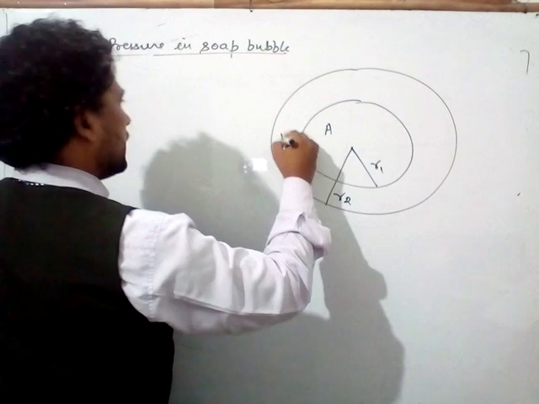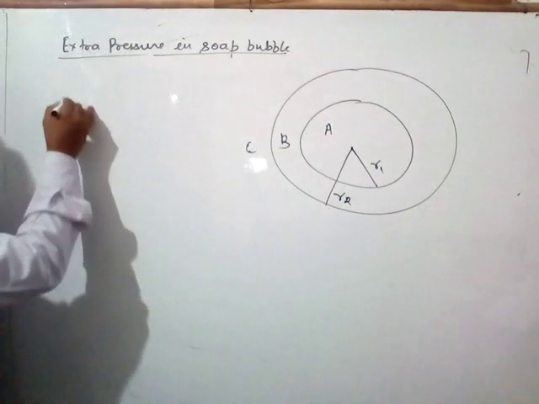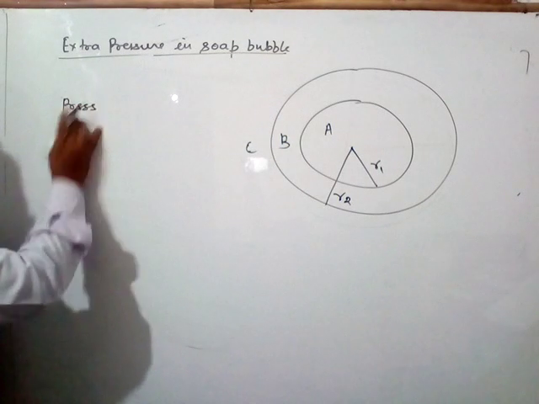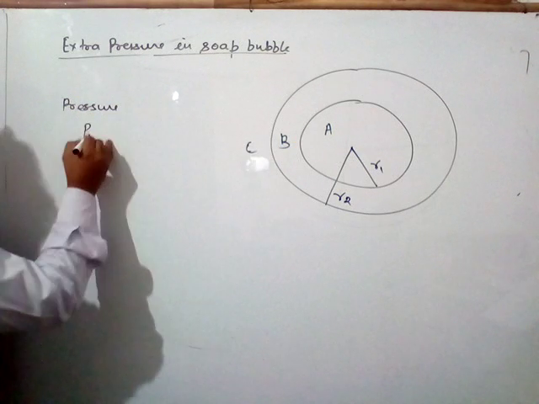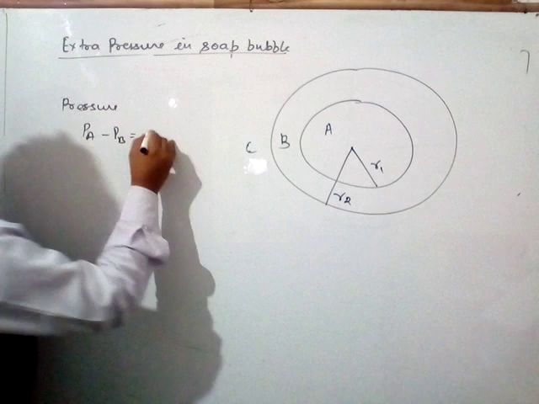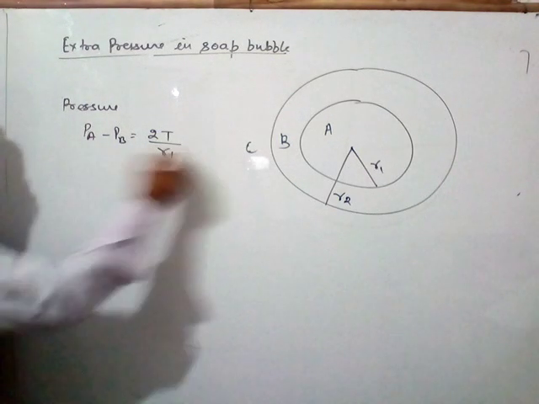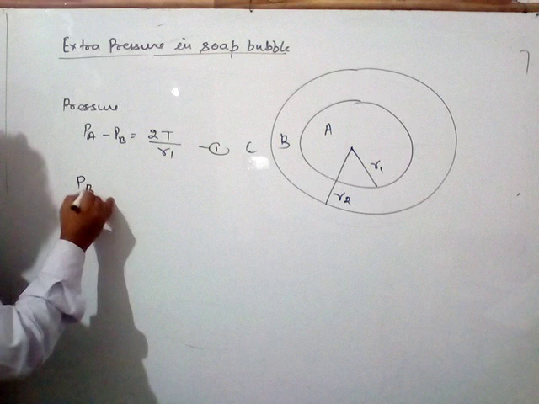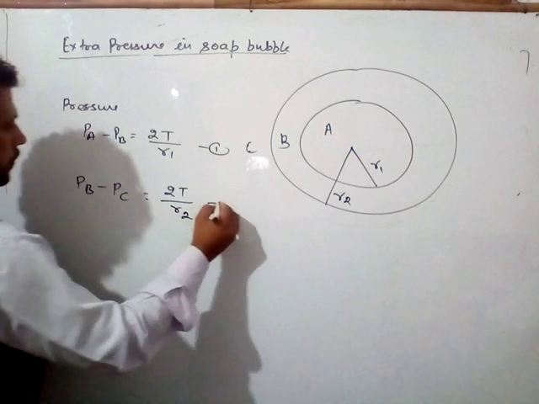Let me consider this is A, this is B, and this is C. So the pressure difference PA minus PB, the extra pressure inside this surface, is equal to 2T by r1, and the pressure difference between B and C, PB minus PC, is equal to 2T by r2.